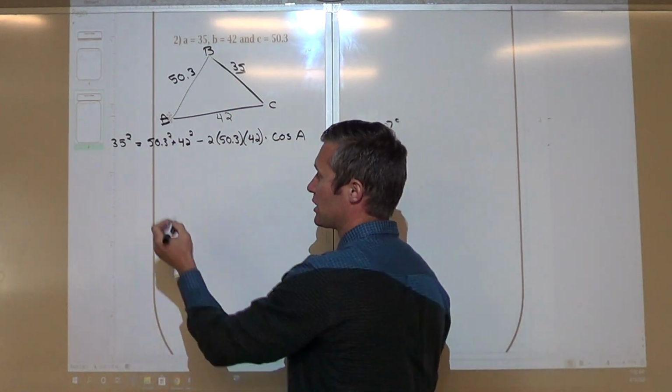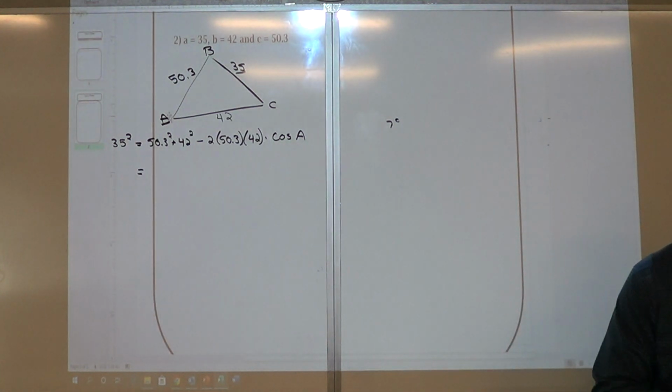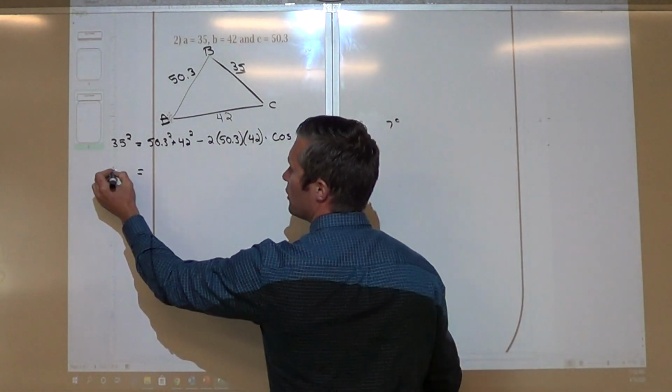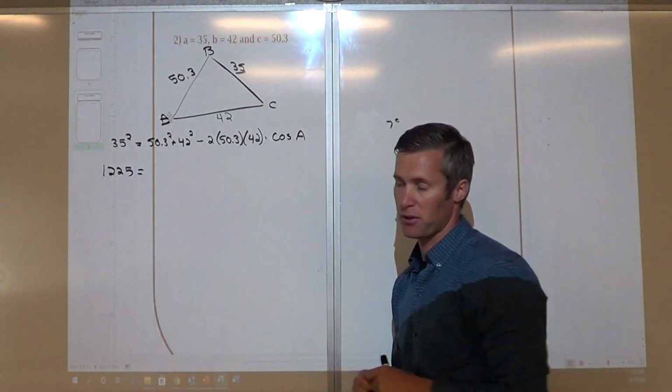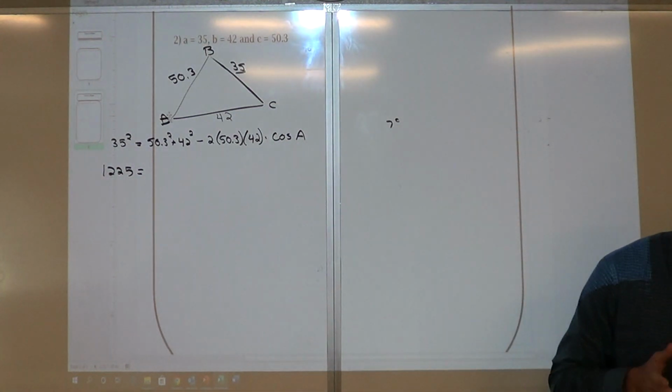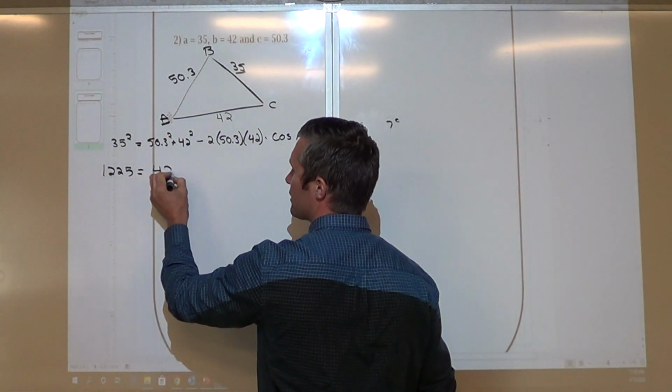So again, I'm just going to jump to it. So when I go through it, this side is 1,225. 50.3 squared plus 42 squared is 4,294.09.